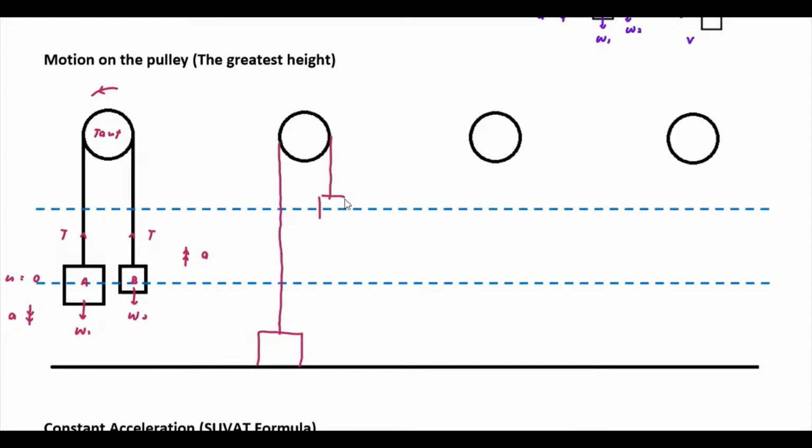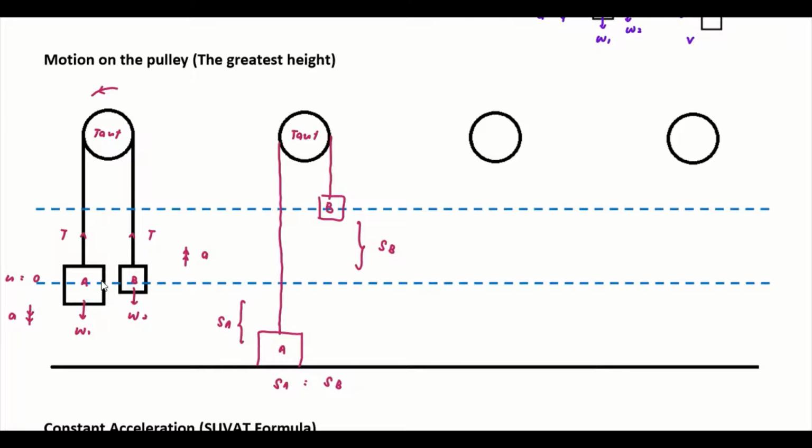From the picture and from what we discussed previously, because the string here is still taut, how much particle A moves is basically the same as how much particle B moves. So if this is SA and this is SB, then SA and SB are the same, right? Okay, then let's continue to look at this diagram.